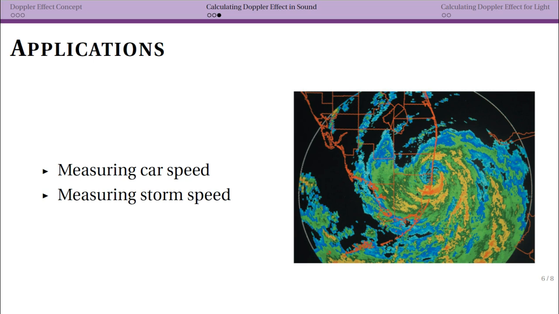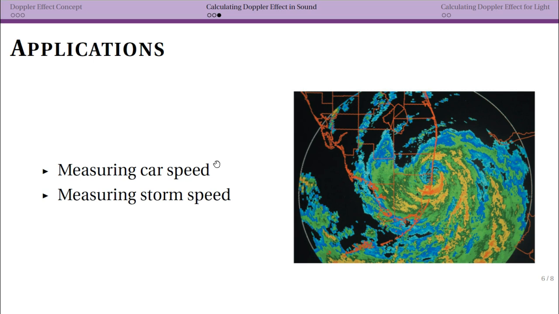Now, this isn't just a weird effect that you might hear when a train or an ambulance goes by, but this is actually something that we can apply. Really the applications come down to measuring speed. One of the applications is measuring car speed. You might know that some police officers have what is called a radar gun.